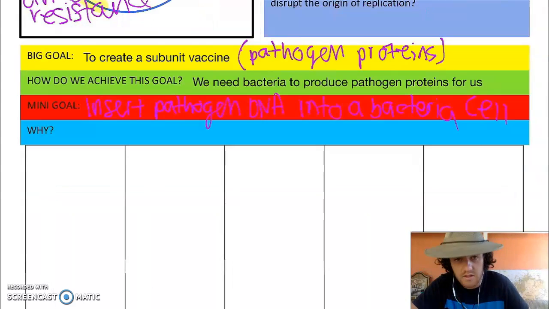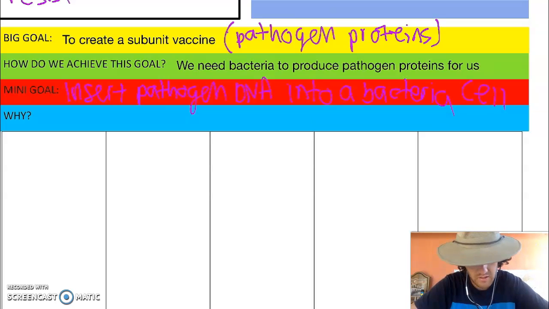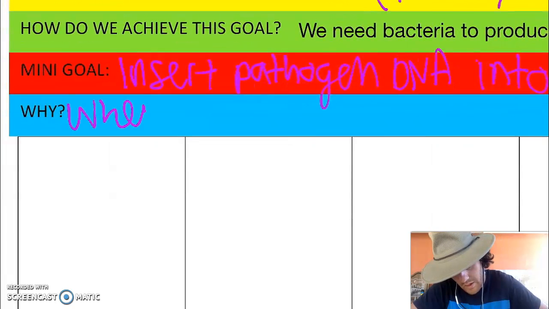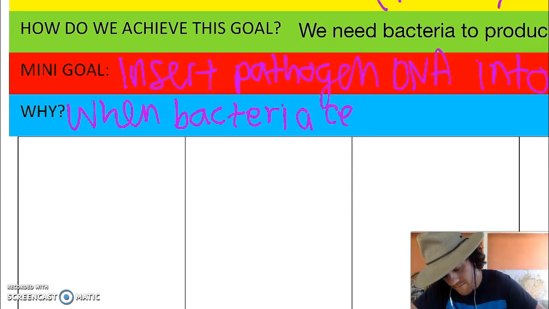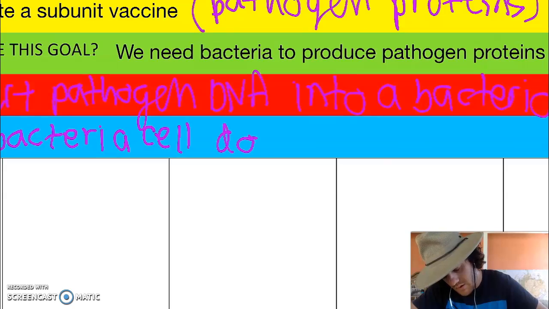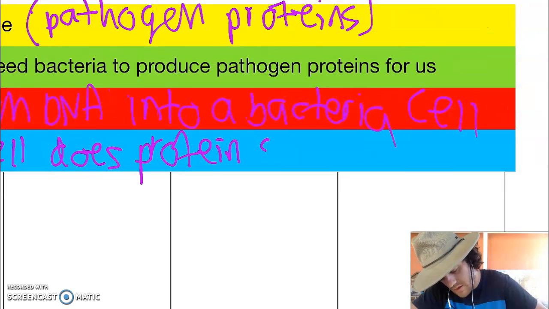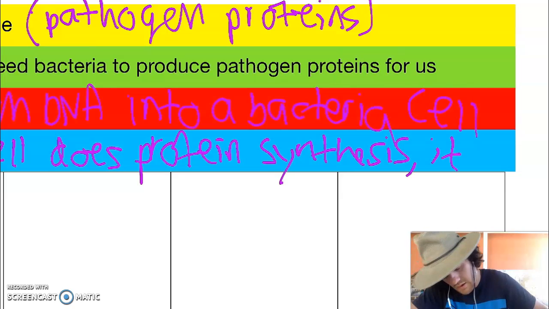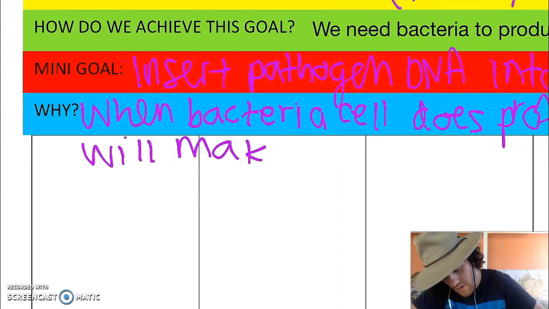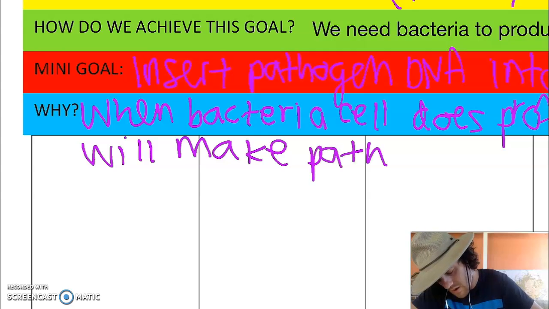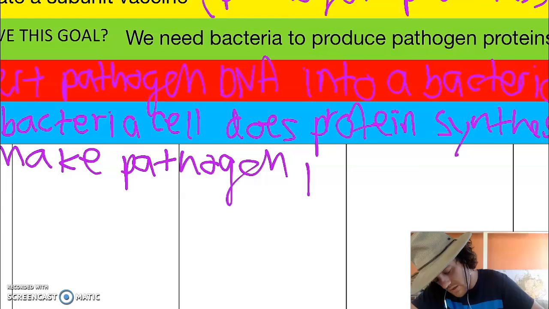Now, why would we want to insert pathogen DNA into a bacteria cell? It is because, I'm going to zoom in here, when the bacteria cell does protein synthesis, it will make pathogen proteins.